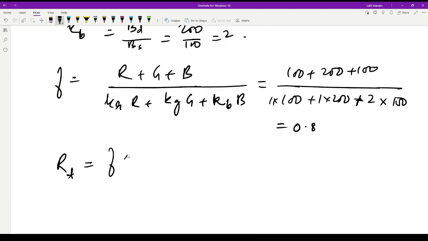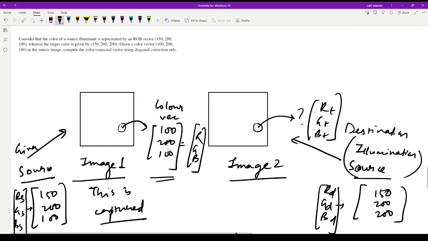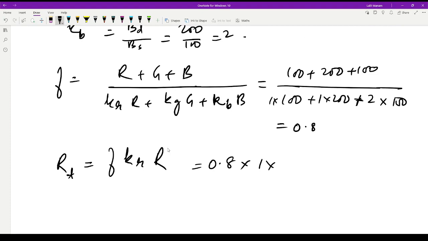It is simply F KR into R. F is 0.8, KR here is 1, R is 100. GT is F KG into G, where KG is also 1 and green is 200.